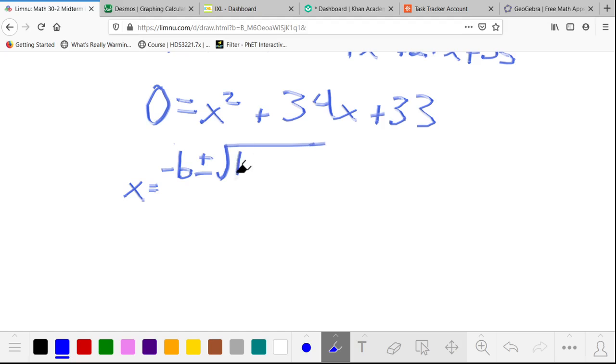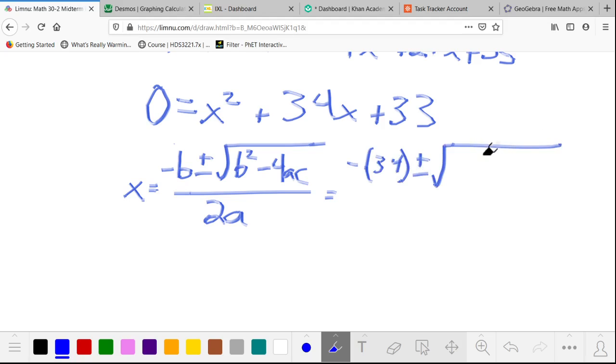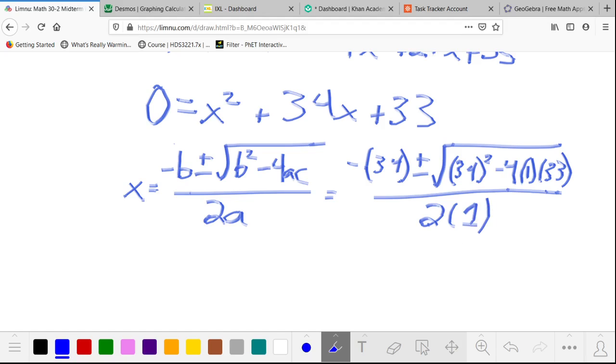So minus b plus or minus the square root of b squared minus 4ac. So that is negative 34 plus or minus the square root of 34 squared minus 4 times a times c, all over 2a. Well, 17 squared is 289, so we'd multiply 289 by 4.